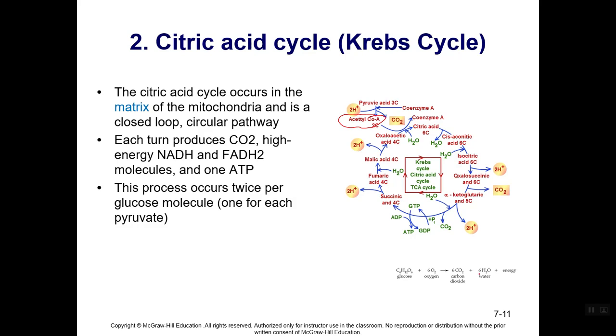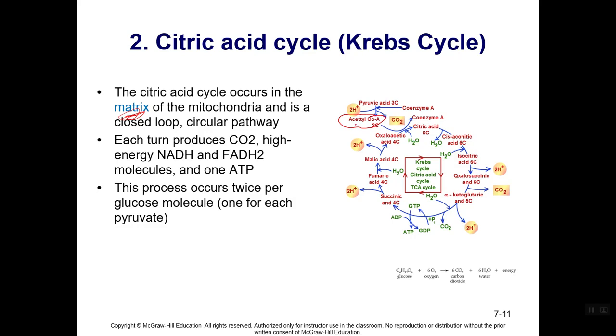That's why it's not listed in our overall equation. So this part of our cellular respiration process occurs in the matrix of the mitochondria. Remember, the matrix is the fluid, and it's a circular pathway. You can see it has lots of steps and products and byproducts, and I do not expect you to memorize all of these little details here.